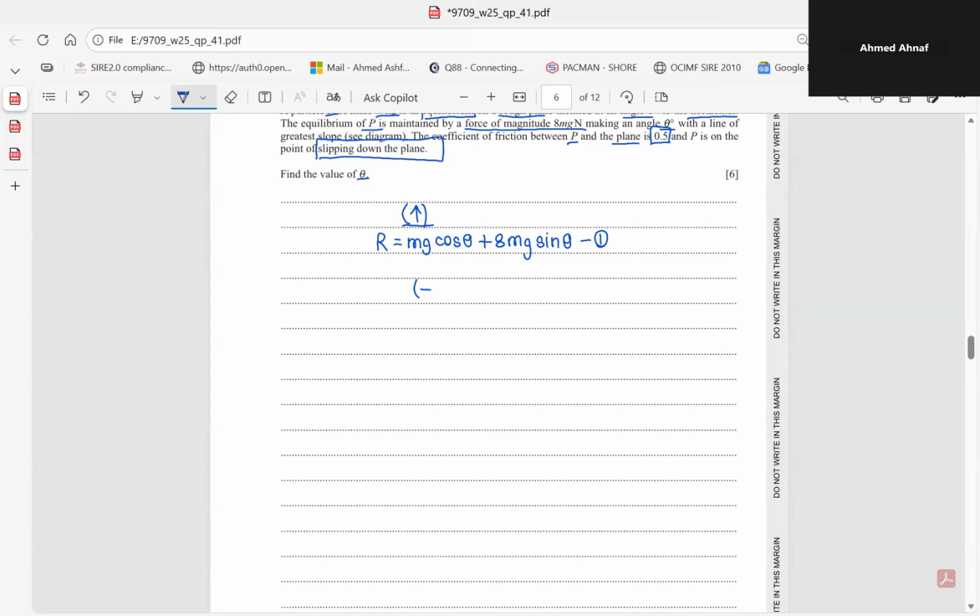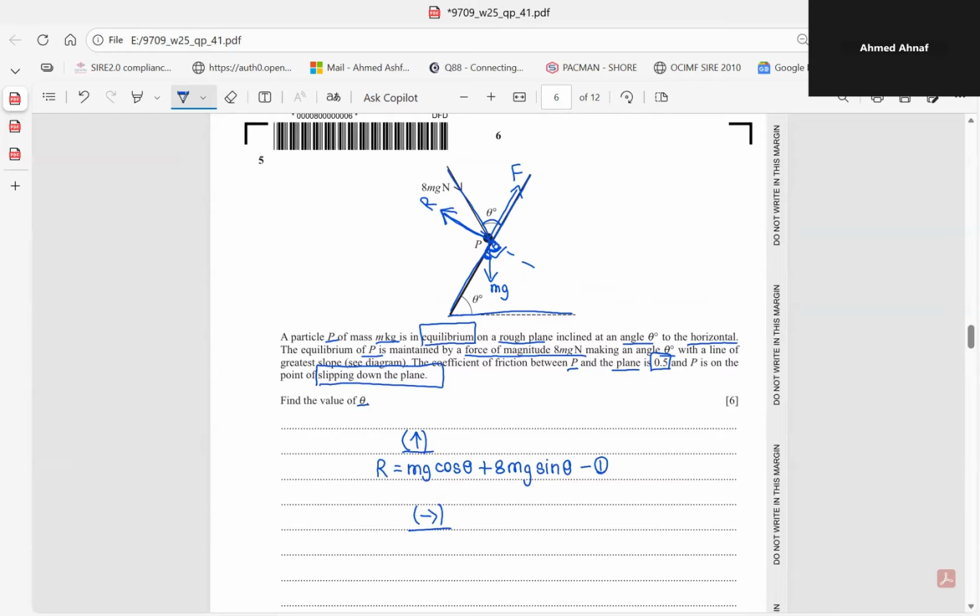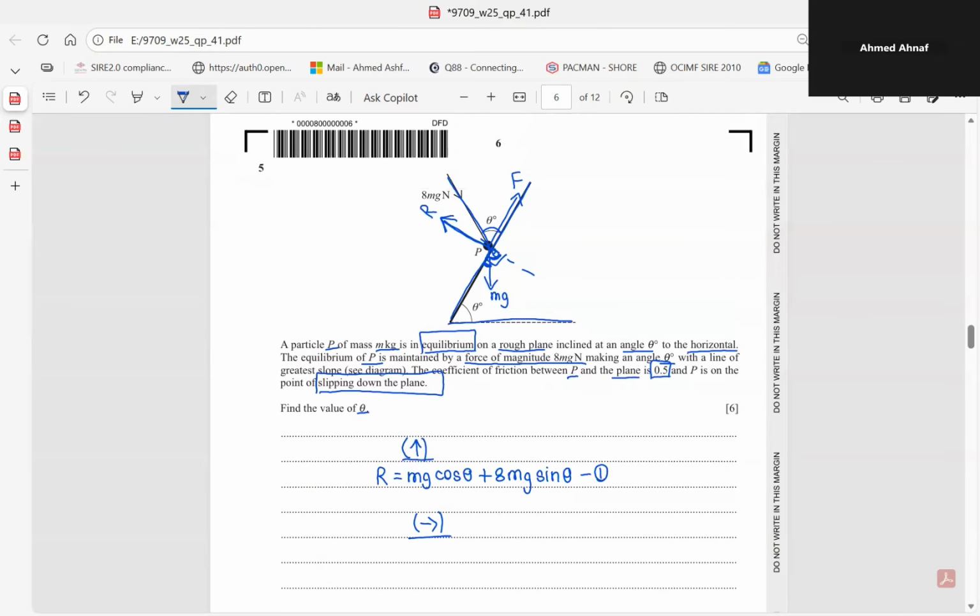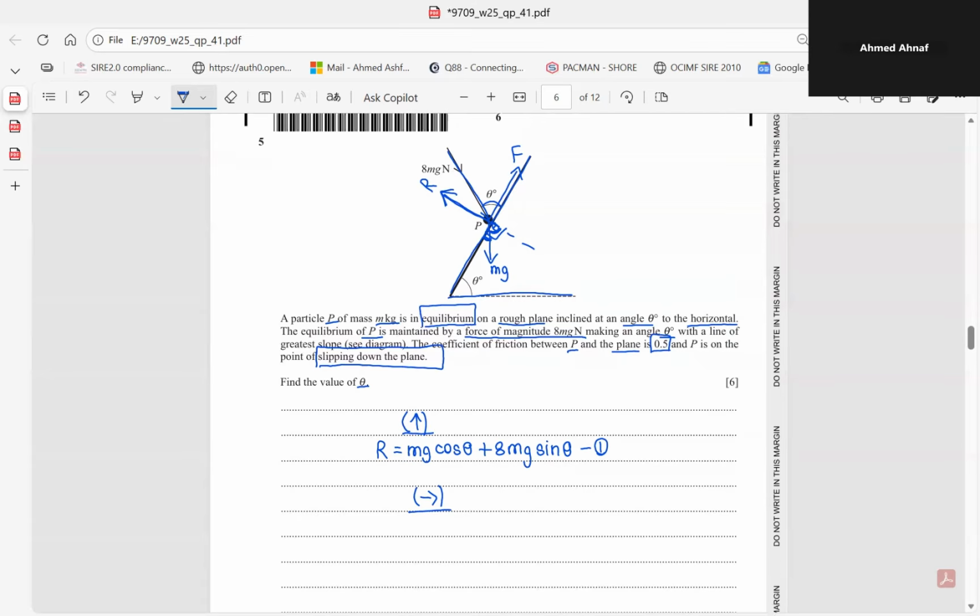Now we are going to do for our horizontal with respect to the slope. Yeah, so the slope, we have F to the right, and we have mg and the 8 mg to the left.